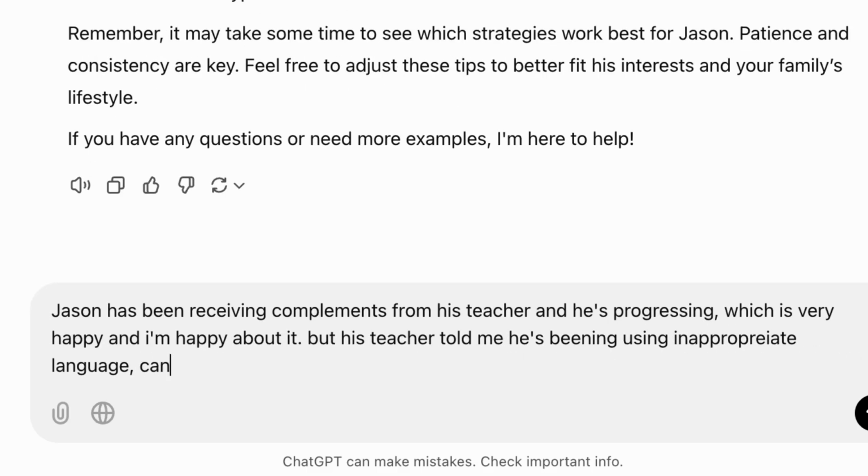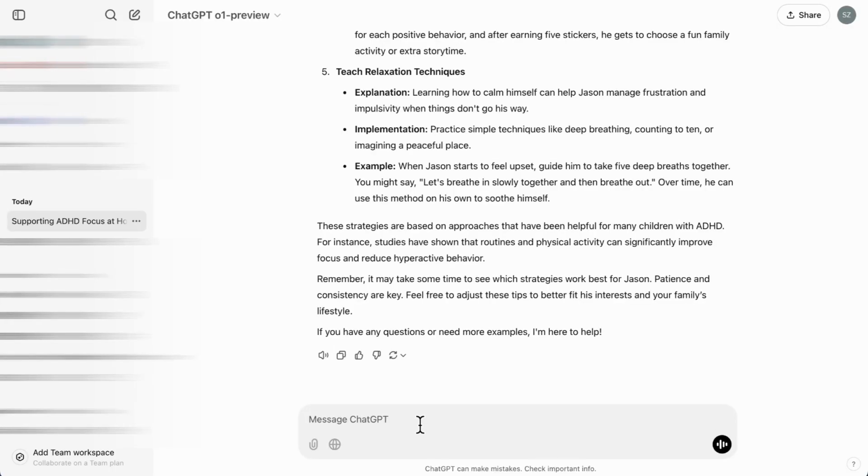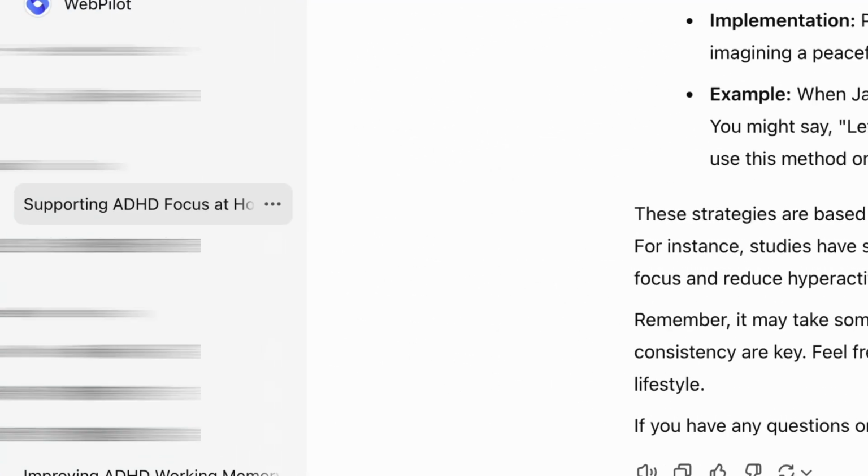So I told ChatGPT what Jason's teacher told me and asked ChatGPT how I can help Jason avoid using inappropriate language at school. And I have to mention why I went back to the exact same GPT: in that GPT, it remembers everything that I fed it a while ago. So I don't have to do the introduction and the background information all over again. And every time you have an update, you go back to the exact same GPT and continue your communication. I think that's very handy, right?